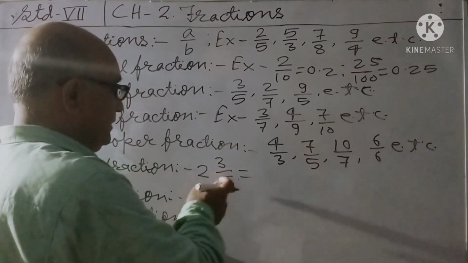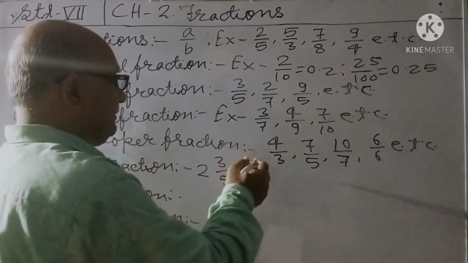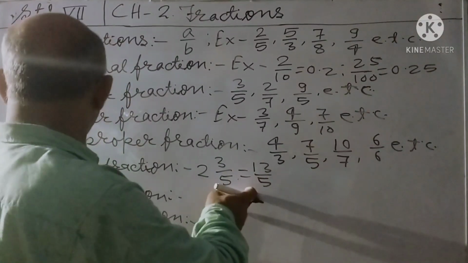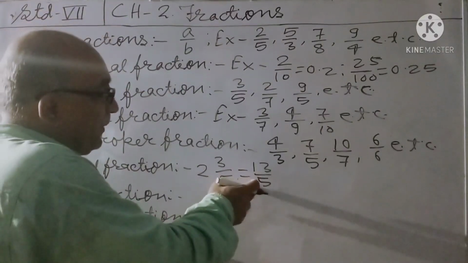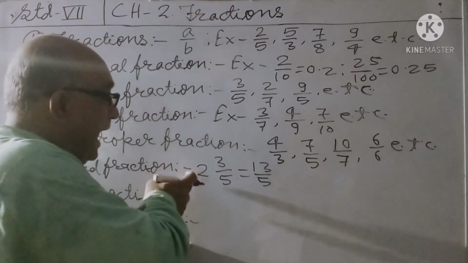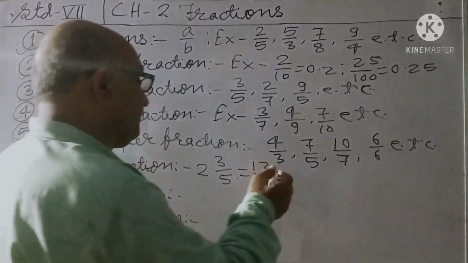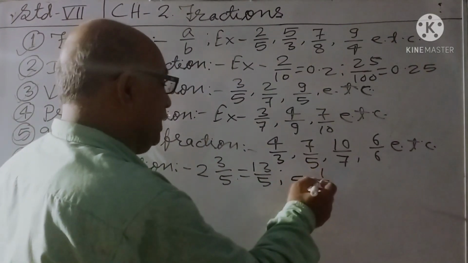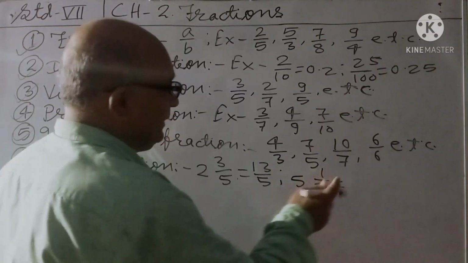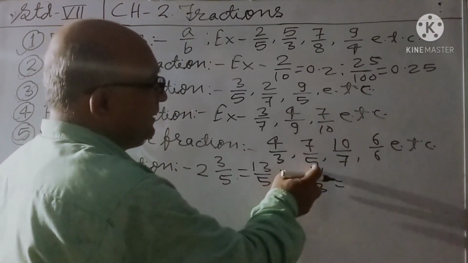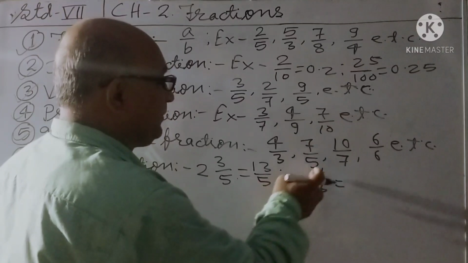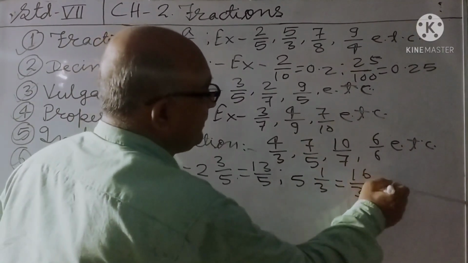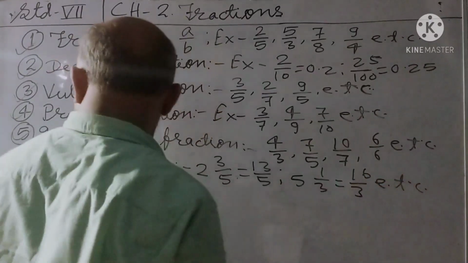That means 2 fives are 10 plus 3, 13 by 5, which is an improper fraction. An improper fraction can be changed into a mixed fraction, and a mixed fraction into an improper fraction. Second, 5 whole 1 by 3: 5 threes are 15 plus 1, 16 by 3, etc.